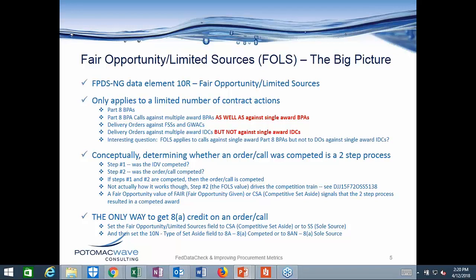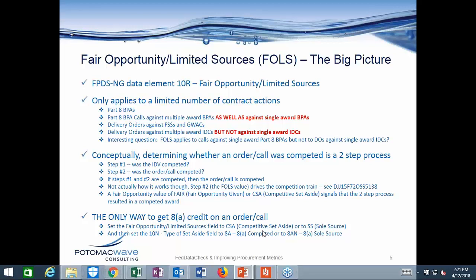The only way you're going to do that is if in the fair opportunity limited sources field, again, I'm only talking about these types of contract actions up here, not definitive contract actions or purchase orders, you put CSA for competitive set-aside. Then that ungrays the type of set-aside field, and you would put competitive set-aside in there.